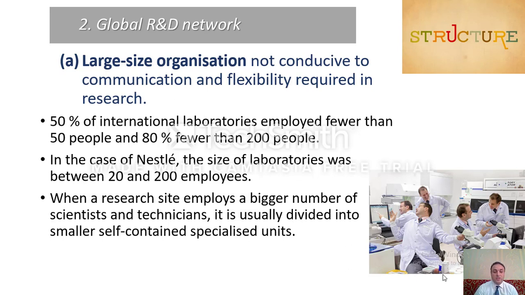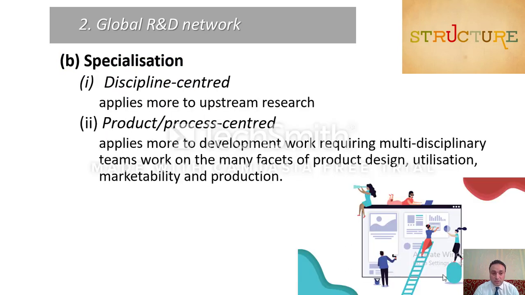So when a research site employs a bigger number of scientists and technicians, it is usually divided into smaller self-contained specialized units. So a large organization is not conducive to the communication and flexibility required in the research and development process. Second, in the structure, we talk about the specialization.